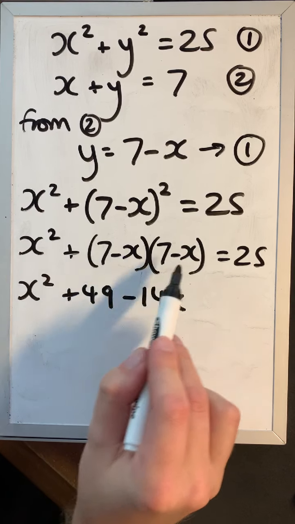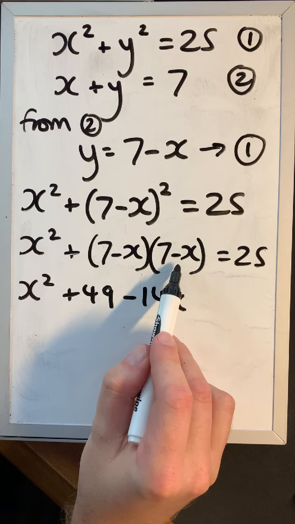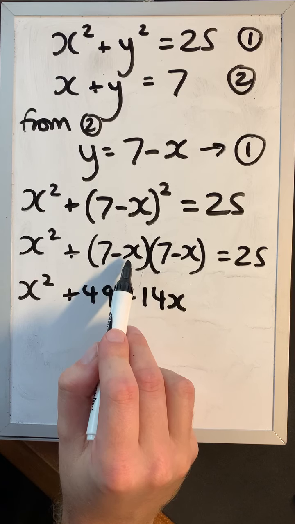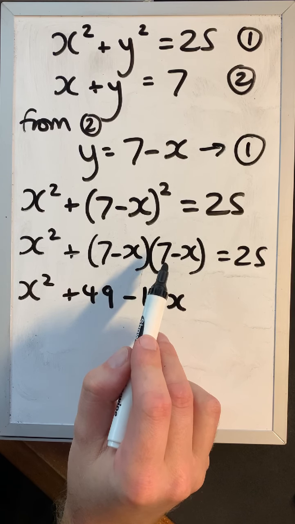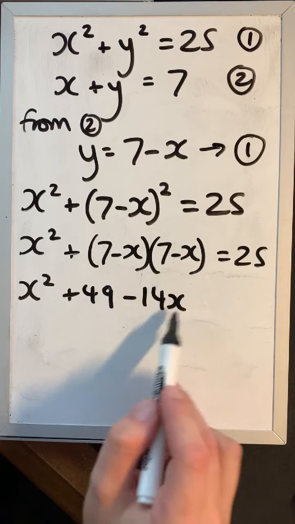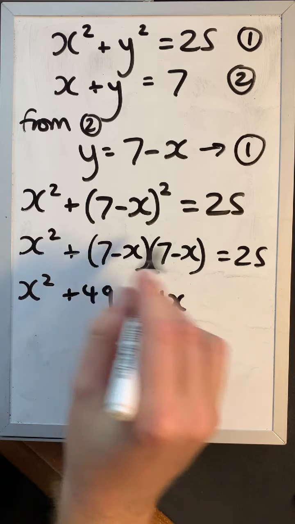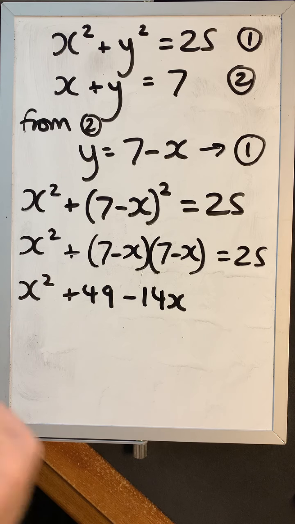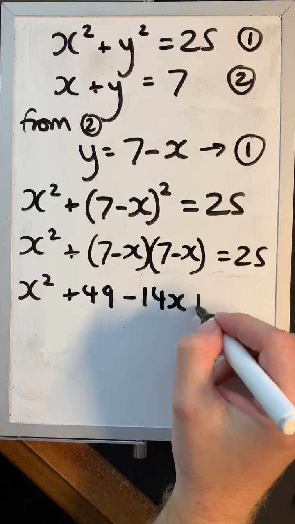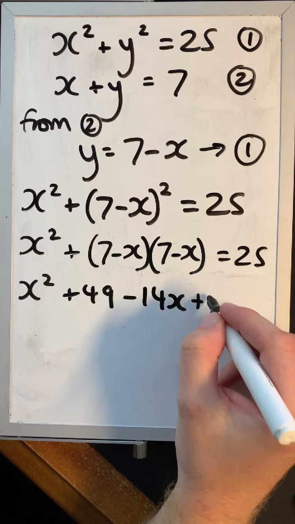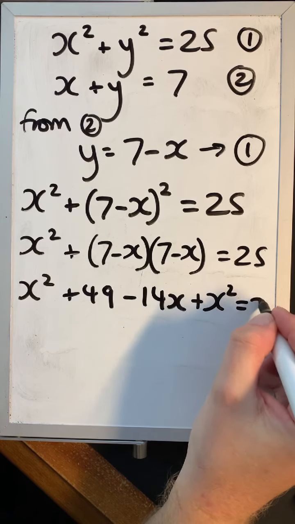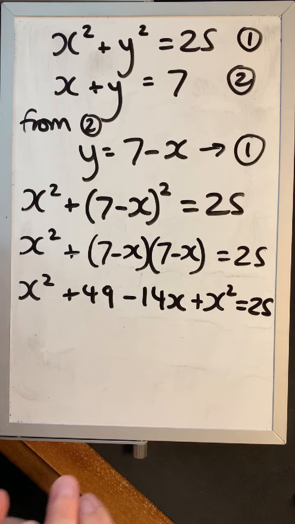Of course, then you've got 7 times minus x, so that's minus 7x. And then you'll have minus x times 7, so that's also minus 7x. If you group those minus 7x's together, you'll get minus 14x. I'm just doing that to save a bit of space. And then minus x times minus x will give you a positive x squared. And that's equal to 25.